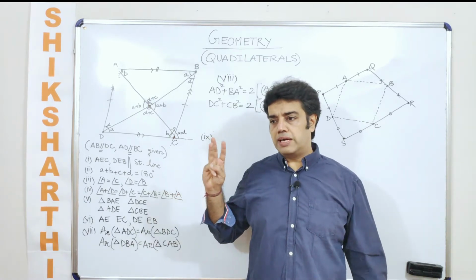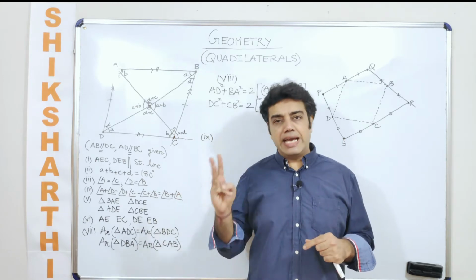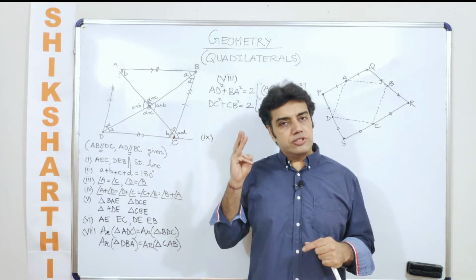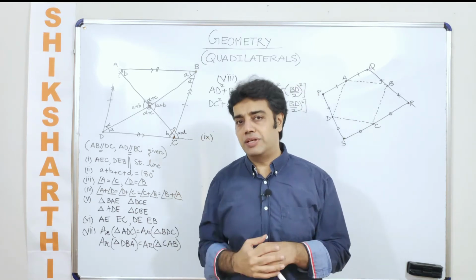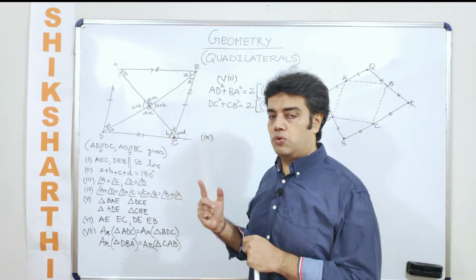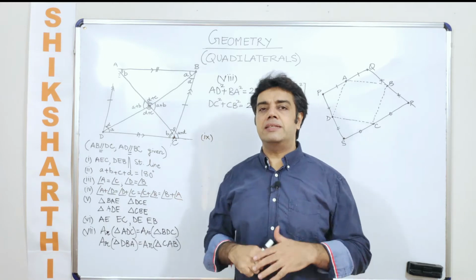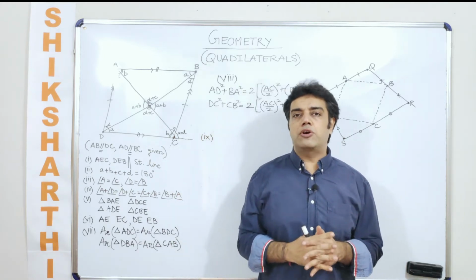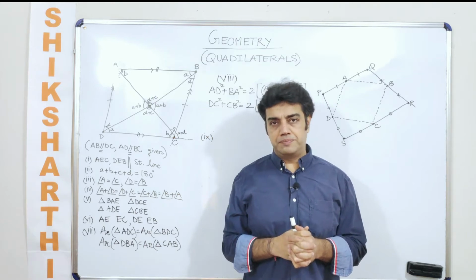For example, can I say a rhombus is a parallelogram, a rectangle is a parallelogram, a square is a parallelogram, and definitely a parallelogram is a parallelogram only. Let's see how. In this video, our focus would be only on a parallelogram, and in the subsequent videos, we'll be talking about other varieties of quadrilaterals as well.